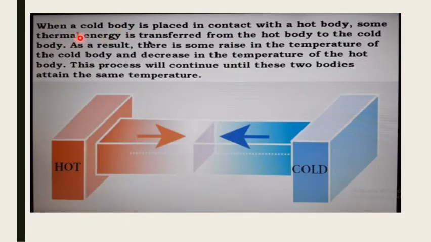Next, when a cold body is placed in contact with the hot body, some thermal energy is transferred from hot body to the cold body. As a result, there is a rise in the temperature of the cold body and a decrease in the temperature of the hot body.